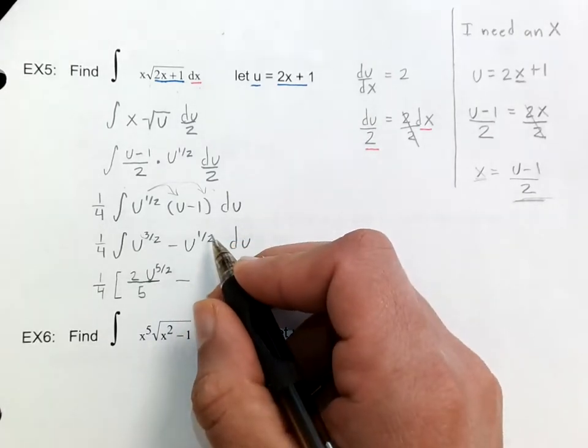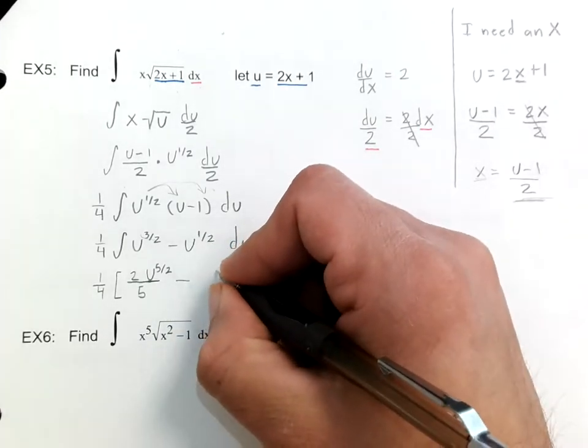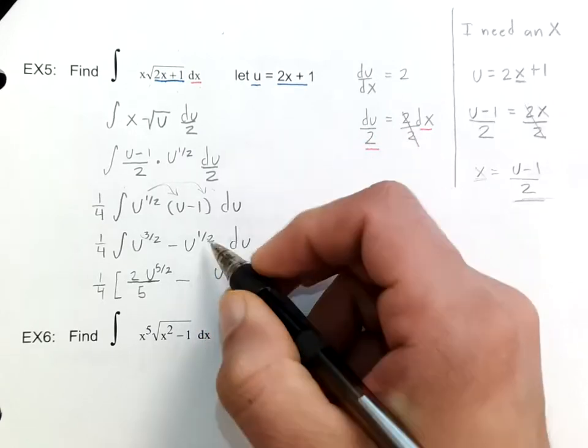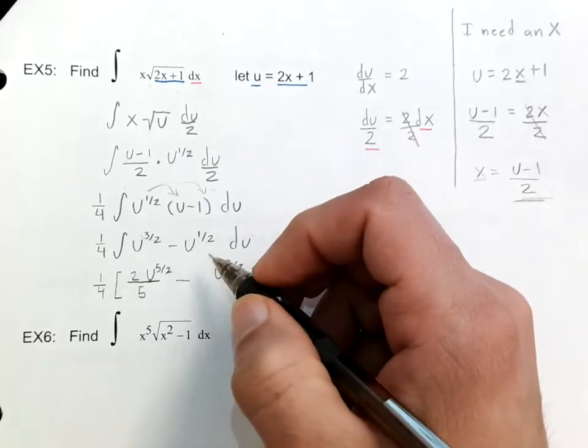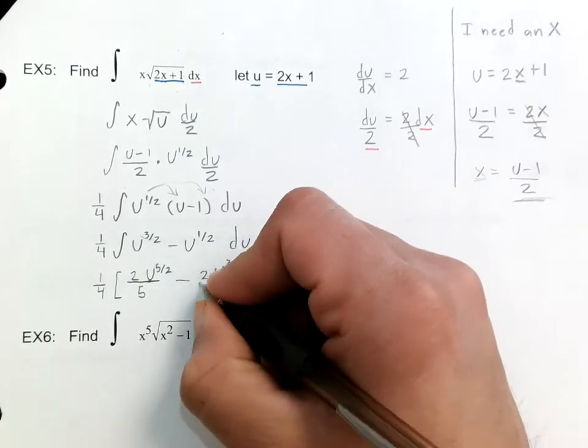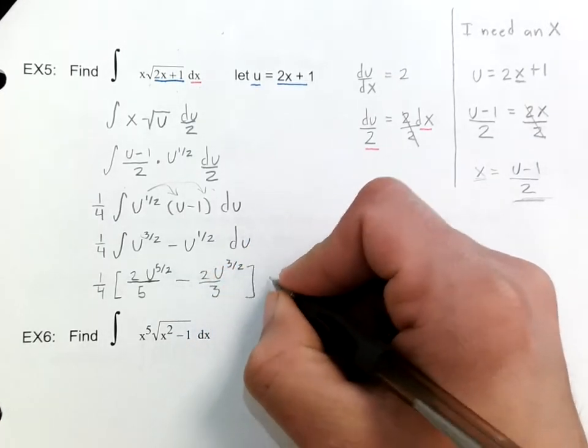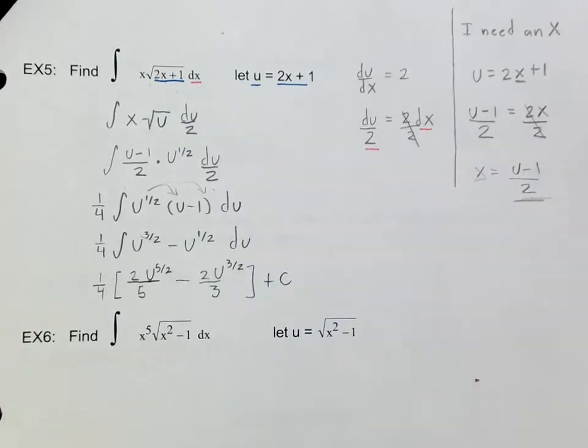If I add 1 to 1/2, I get 3/2, so I have u to the 3/2. And if I divide this by 3/2, that's the same thing as multiplying by 2/3, plus c.